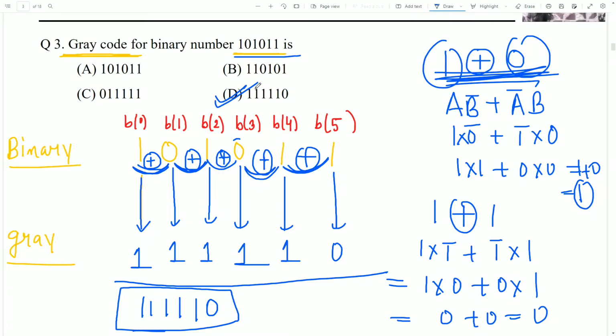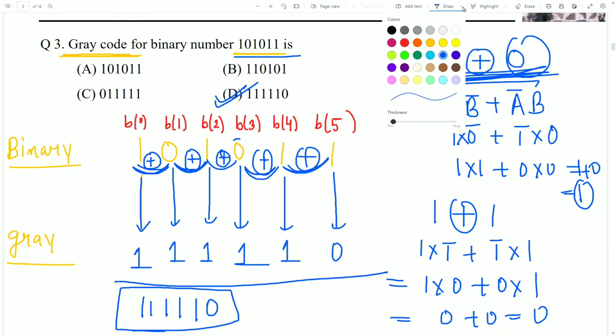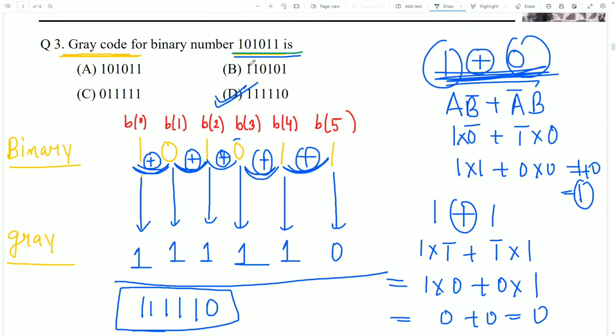I am again repeating the simple process: you have a given binary number. The first digit you can write directly. After that, to get the next bit, you go with the XOR operation of two adjacent digits. For 1 and 0, you have a XOR output of 1. Now again the XOR of the next two, you will get 1 again.